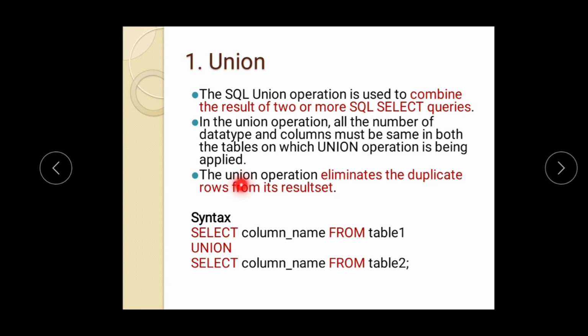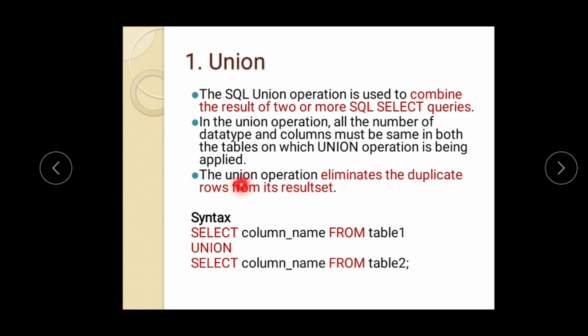Suppose we have 2 tables, the first table having the names of S4 computer science students, and the next table having the names of S6 computer science students. Suppose we want to take all the names of S4 computer science and also S6 computer science.